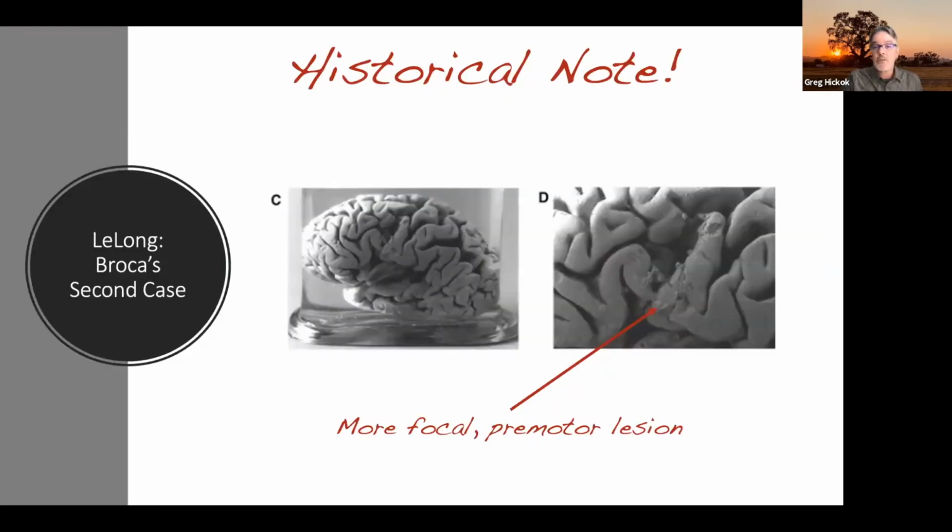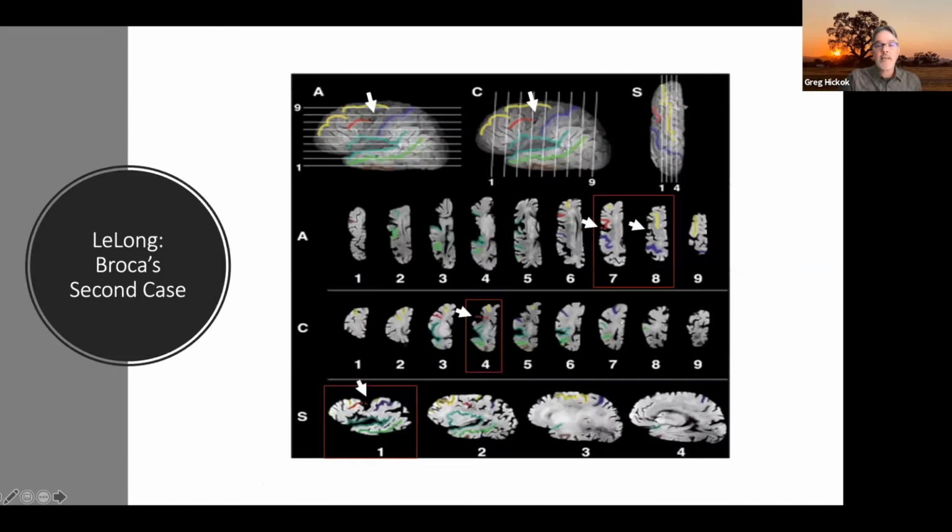Interesting historical note, Broca's second case, Lelong, had a much more focal and predominantly premotor lesion, which you can see here, that extended up dorsally. Nina Dronkers was able to scan this brain, and you can see, we won't dwell on the details, clear evidence of dorsal damage.